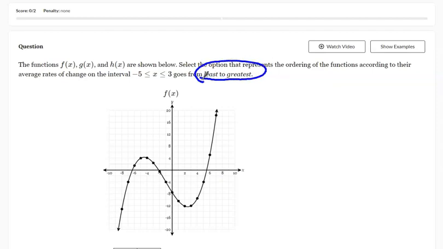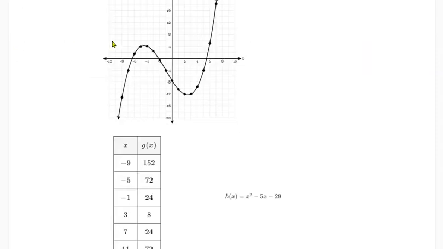least to greatest. So what we're going to do first here is identify the actual x-coordinate values from the interval, which is -5 and +3. So from there, we're going to scroll down and find that value for all 3 of these functions.